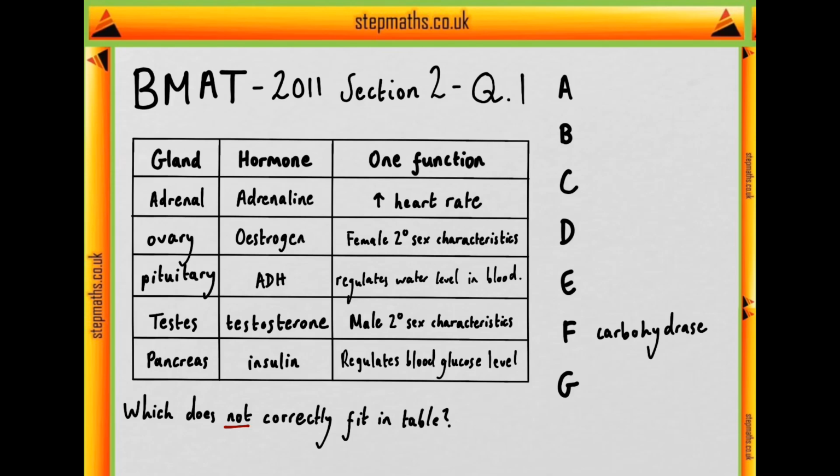It is an enzyme, a biological molecule which catalyzes certain reactions, as opposed to a hormone, which is a blood-borne chemical or blood-borne protein, which modulates certain effects over a slower time frame than the nervous system, and therefore we can say that F is our answer for the item which does not fit into our table.